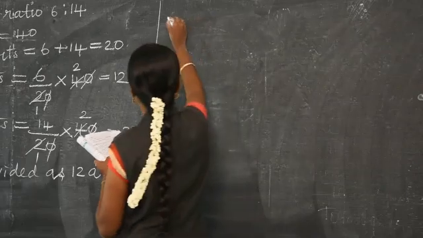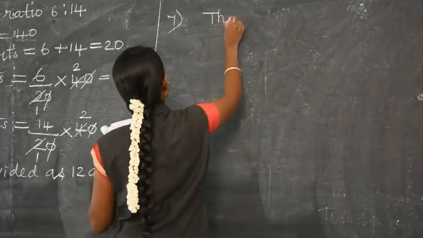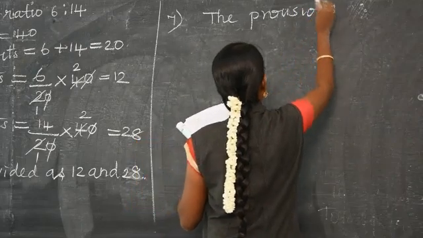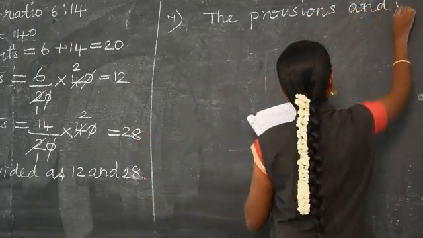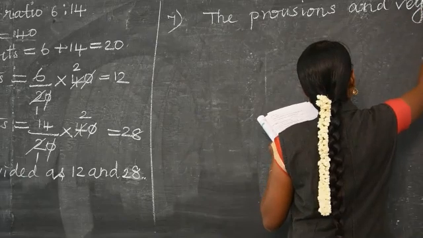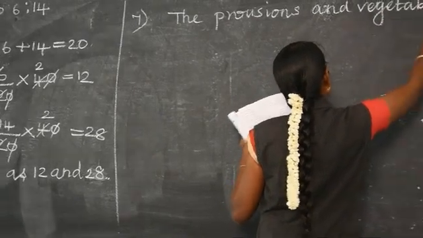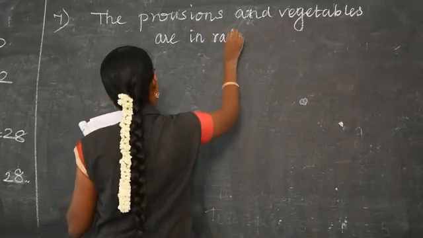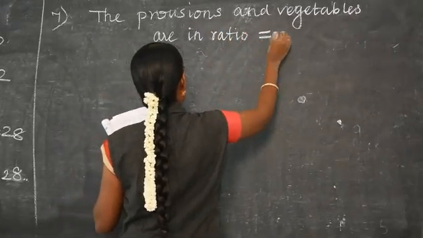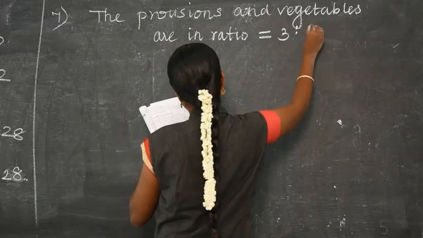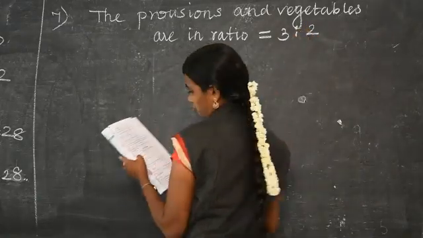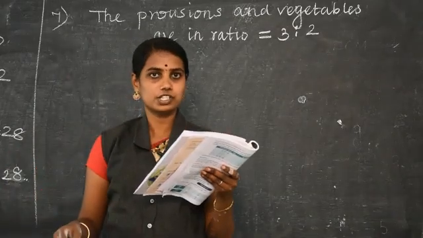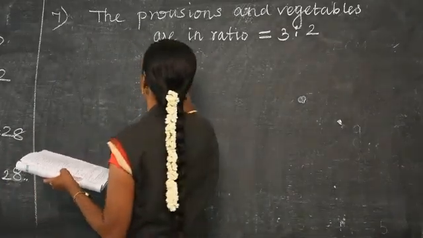The ratio is given for the provisions and vegetables, are in ratio 3:2. Then if the allotted amount is 4,000, that means total amount.